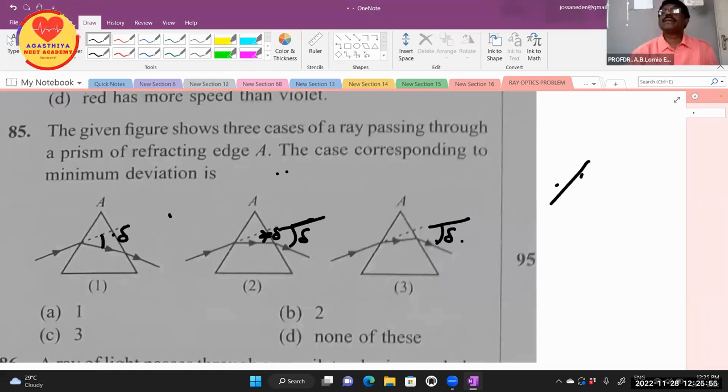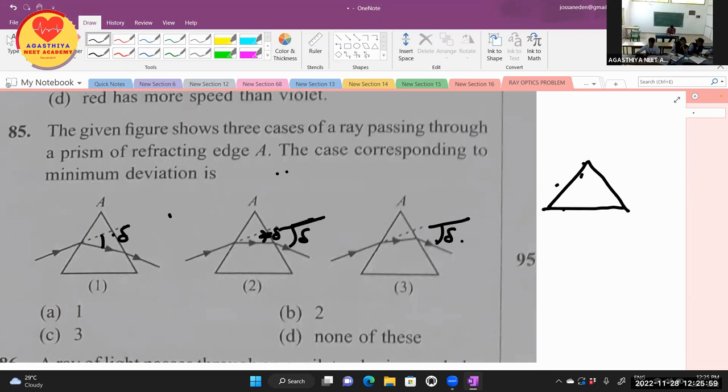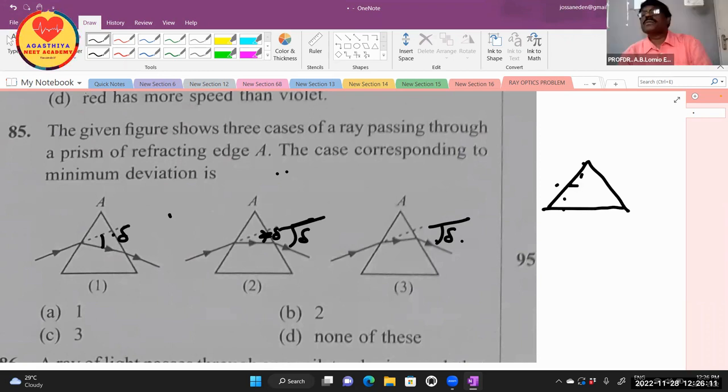One important note: the minimum angle of deviation occurs when the light passing through the medium is parallel to the base. Then only the angle of deviation is minimum.